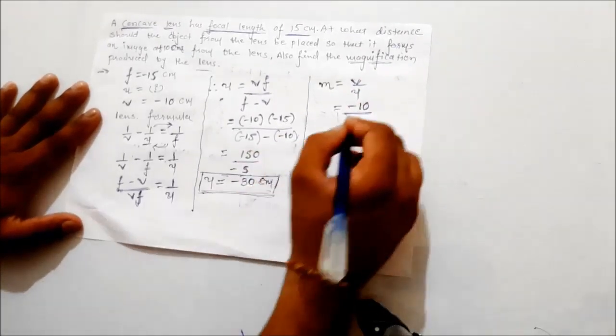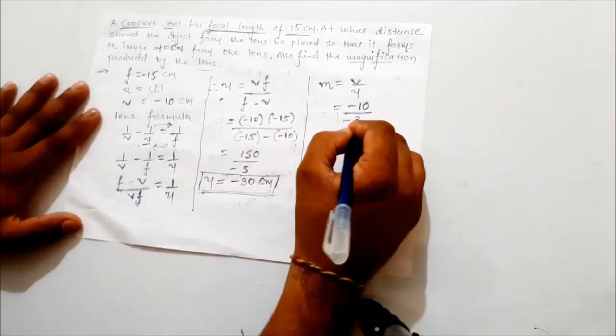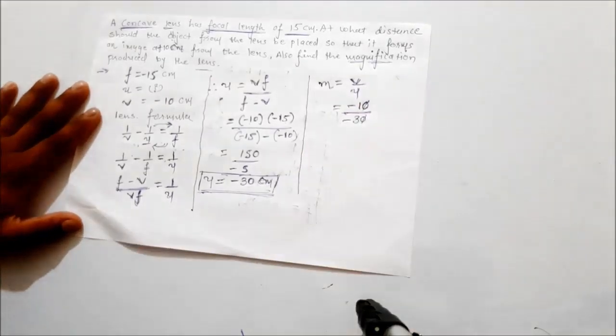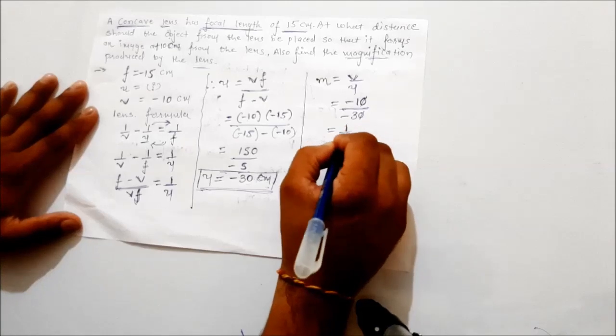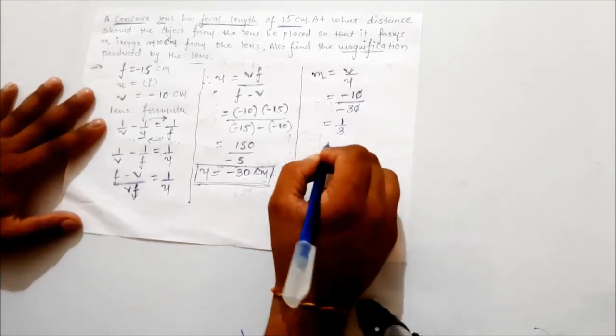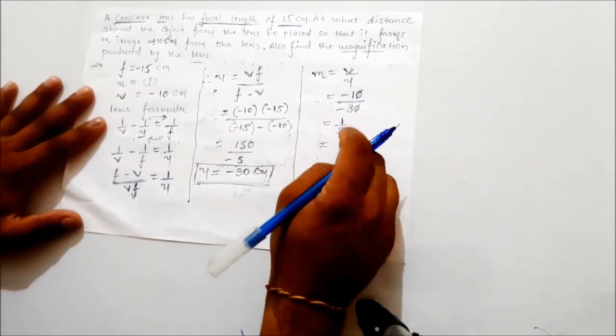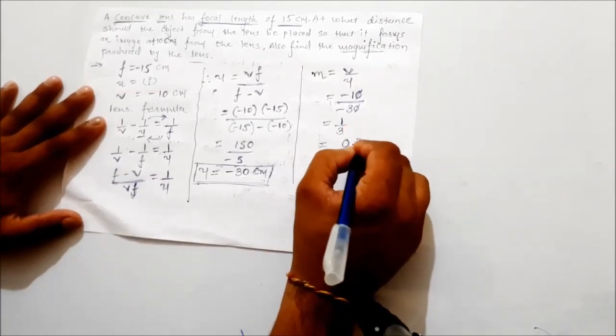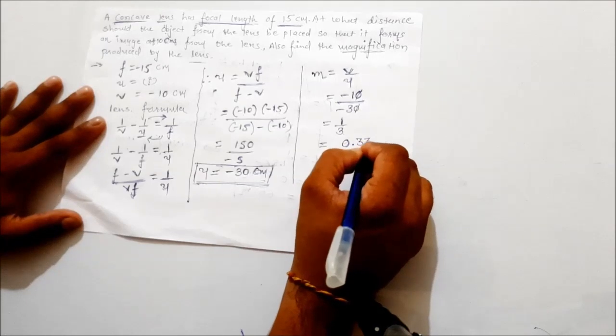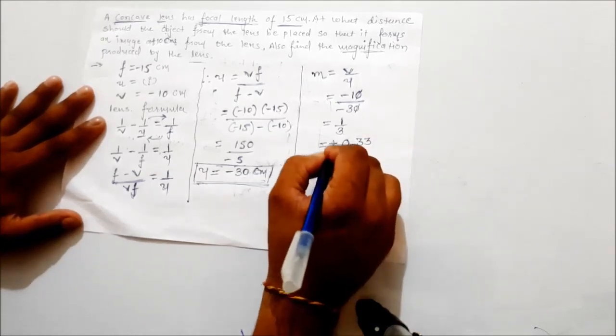The value of u which we found is minus 30 centimeter. Minus minus plus, so we will get 1 upon 3, and by finding the answer of 1 over 3 we will get 0.33, and that is positive.